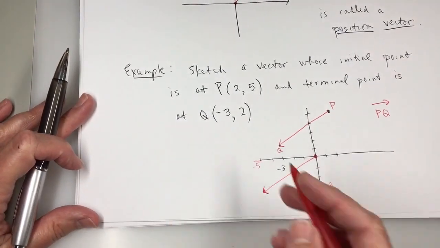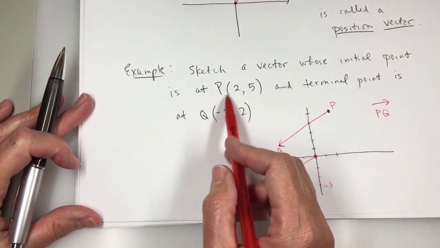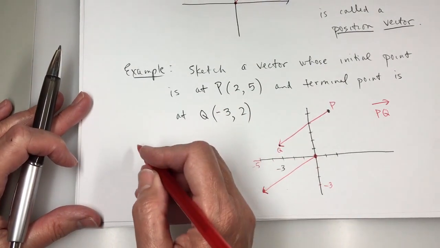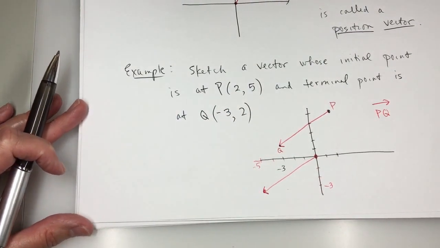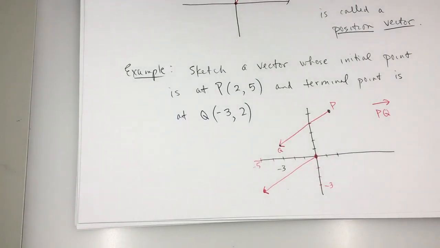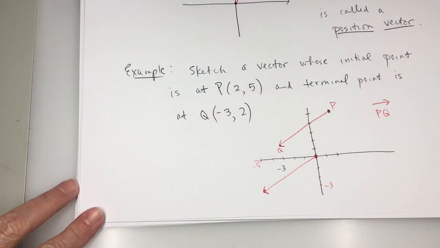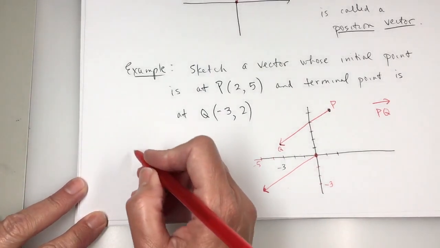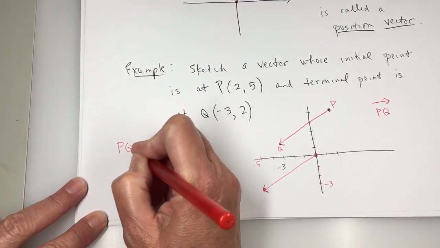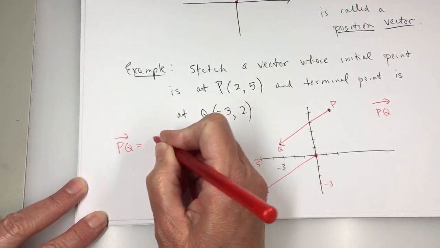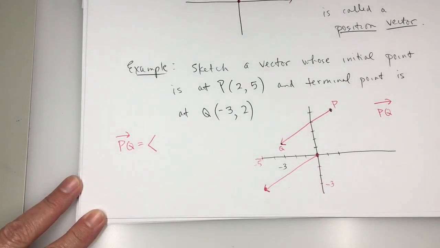How else could I have done that? I could have said vector PQ. By the way, I need to mention some other notation that students in the past have said they didn't see in physics, but you'll see this in the calculus book. For a vector, we'll give the components in angle brackets. So when you see those angle brackets in the book, it is a vector.